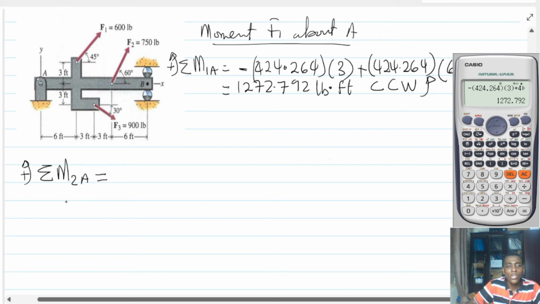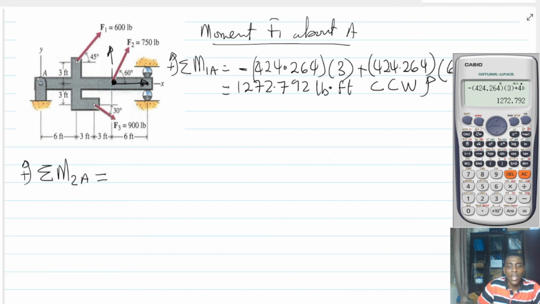So for F2, I'm going to get this. This is F2. So what I will do is that I will resolve again into Y and then X component.